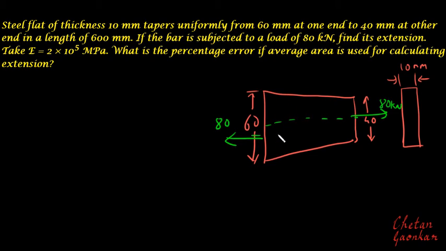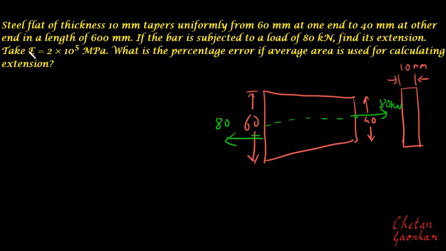For this, we can straight away use the formula which was derived just now, and the material property Young's modulus is given as 210 GPa, or 2 multiplied by 10 to the power 5 MPa. And he is asking what is the percentage error if the average area is used for calculating the extension. This we will do later on.